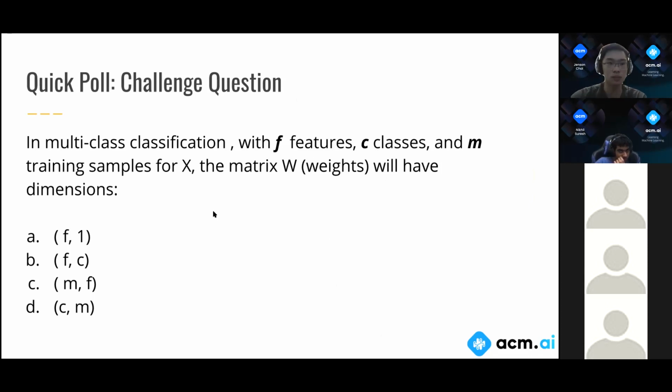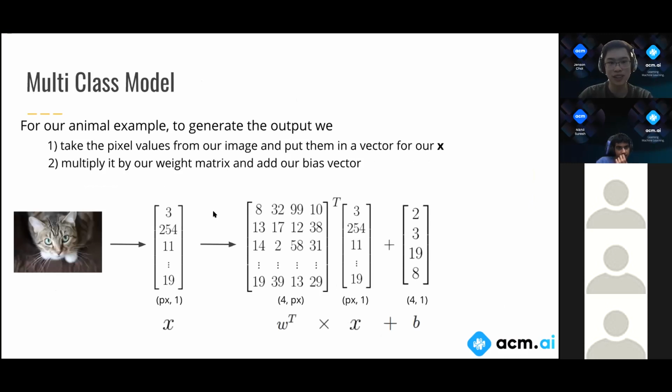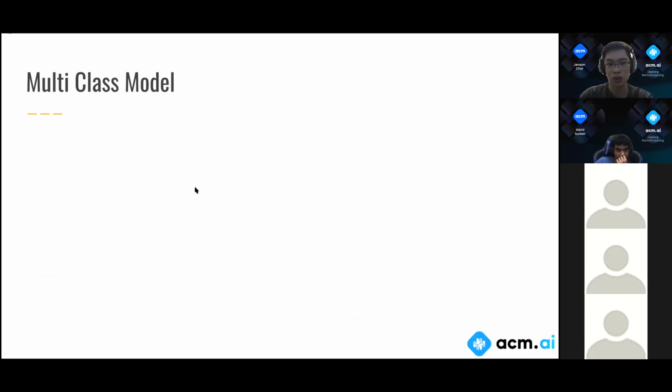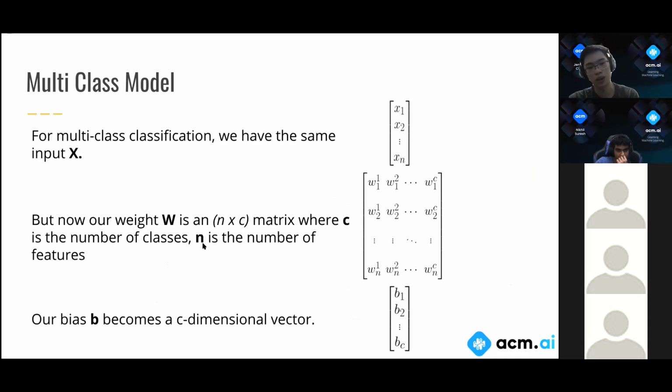Let me revisit the slide from earlier. The reason this is correct is that, in the context of multi-class, we want our weight matrix to be n by c, where n is the number of features and c is the number of classes.